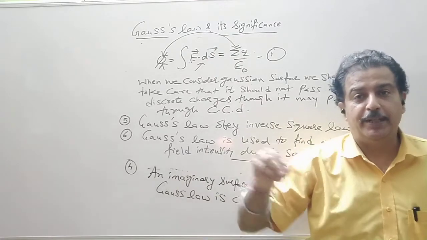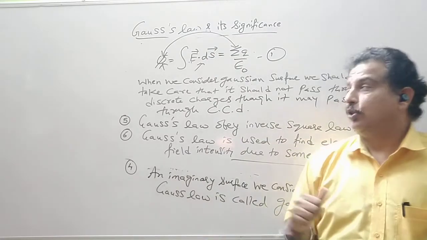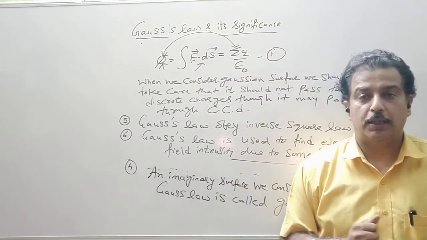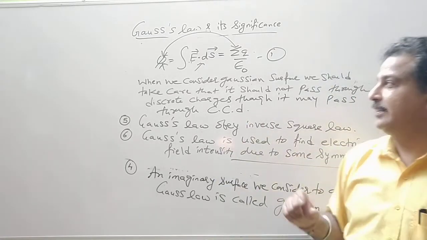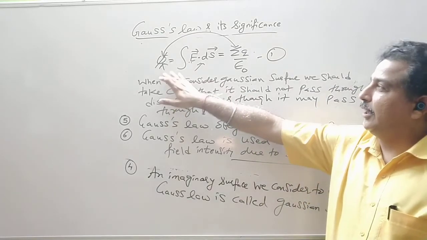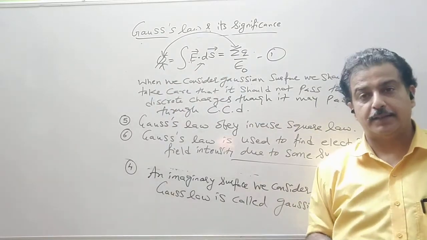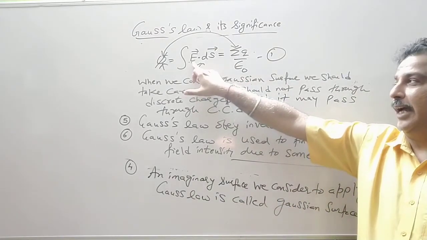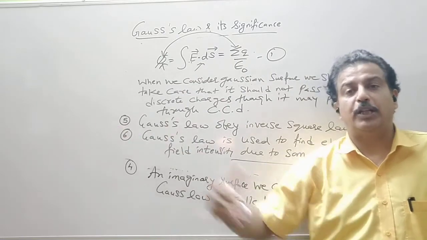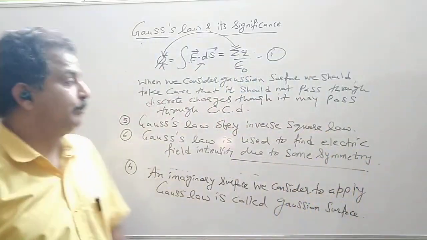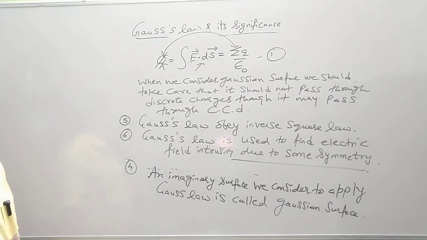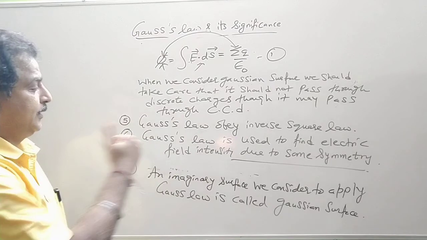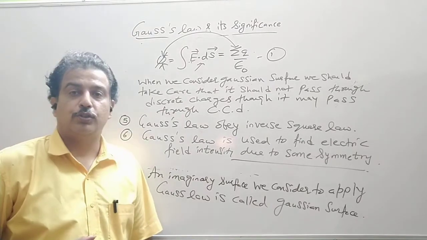We will see it will be easier to apply the Gauss law to find out the electric field intensity as compared to Coulomb's law or the superposition principle. So it is not that Gauss law is always used to find out the flux. It is widely used to find out the electric field intensity, and it will be easier as compared to Coulomb's law or the superposition principle. That we will see in the application of the Gauss law.